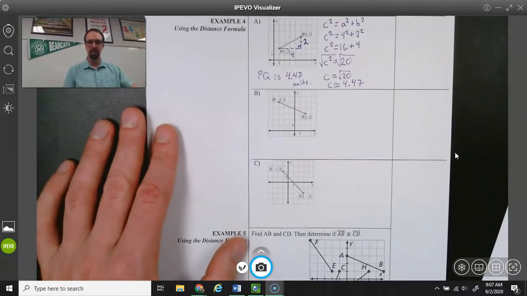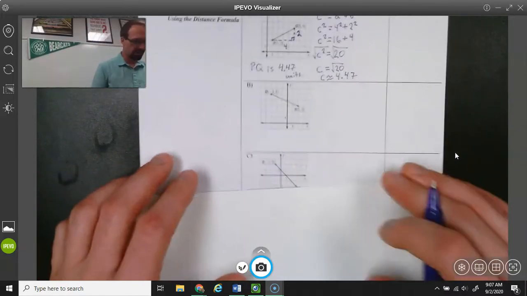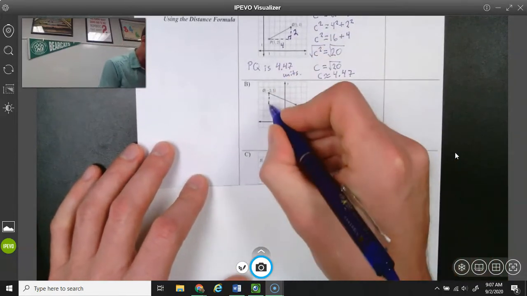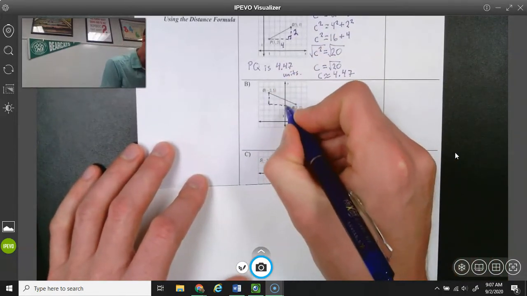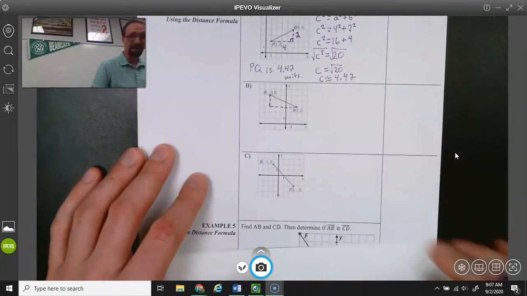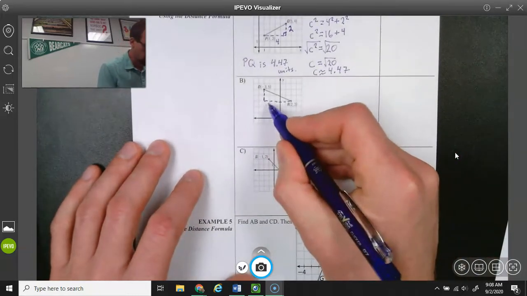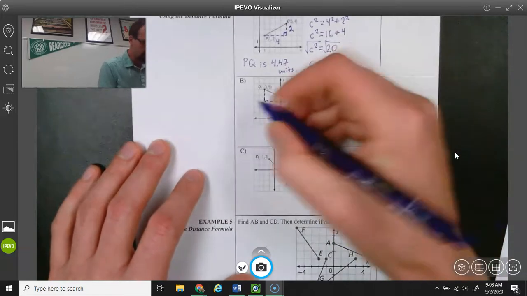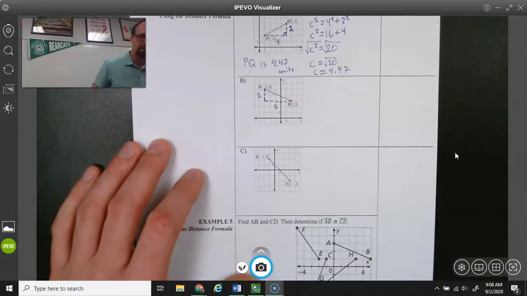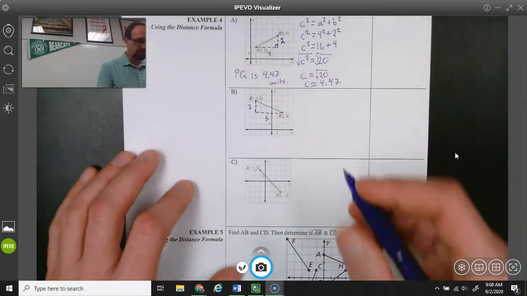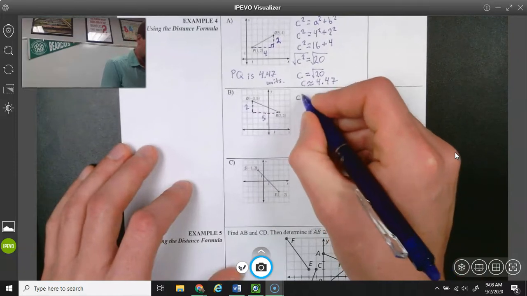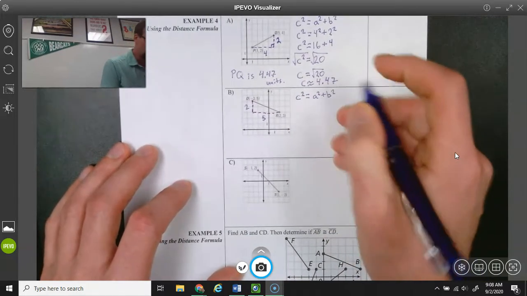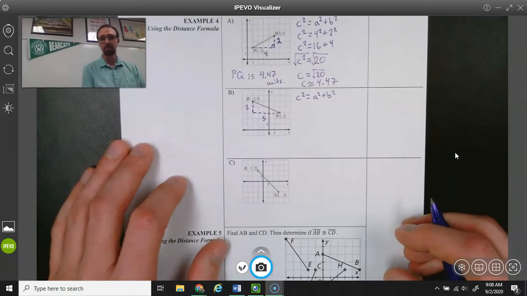We do the same with part B here, so I'm going to set it up. I feel confident using the grid as guidelines here. Again, I'm going to count the value. So I go 1, 2, 3, 4. This is 5 units to the right, and then 2 units up. Setting it up similarly, c squared is equal to a squared plus b squared. c squared is the length of my hypotenuse.